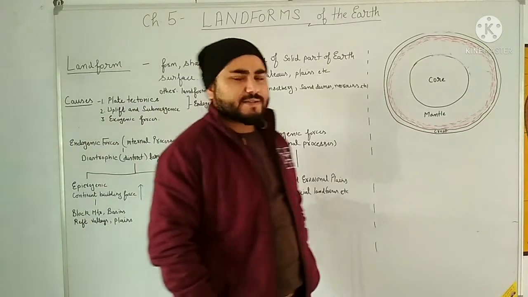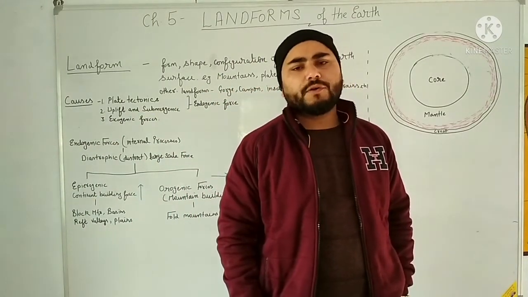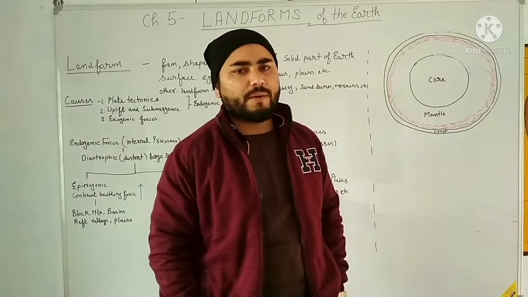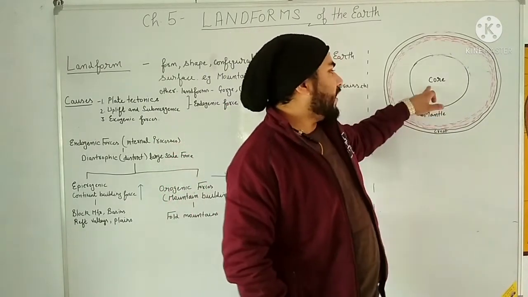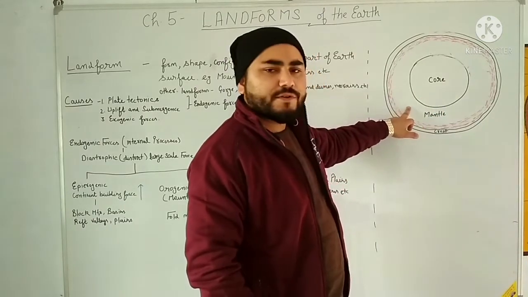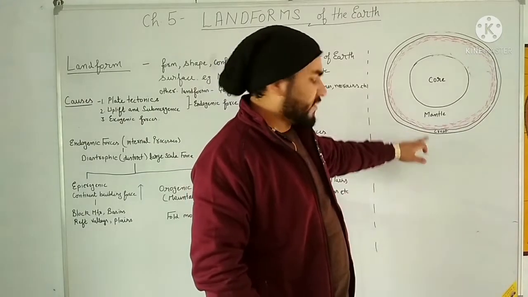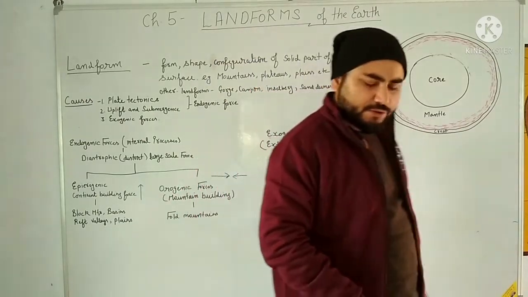We have already studied the interior of the earth in previous chapters. If you remember, I have taught you that the center of the earth is the core, then we have another layer which is the mantle, and then we have the crust. This crust has the lithosphere.